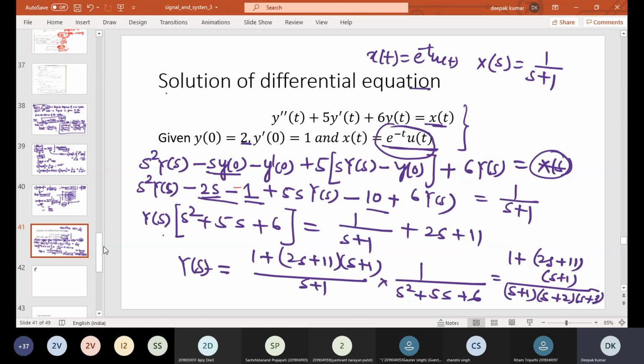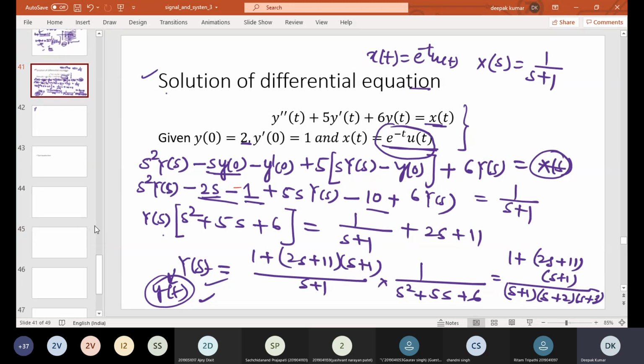This is all about it. Y of s will become this type of expression, and finally take inverse Laplace, it will become y of t. So this is simple according to your given information, but this is not the question related to signals and systems because I missed some information. So no problem, do this differential equation solution. Some other types of questions, and also you should do practice.